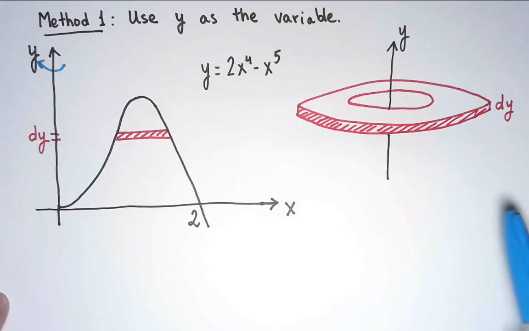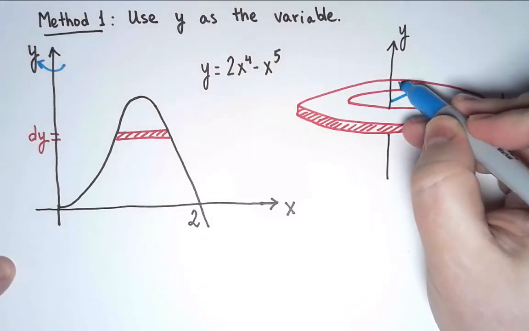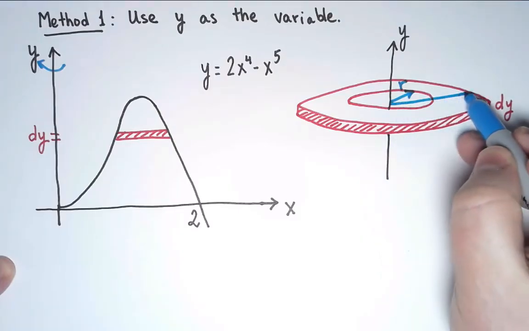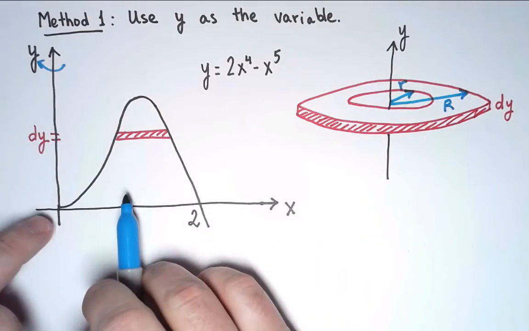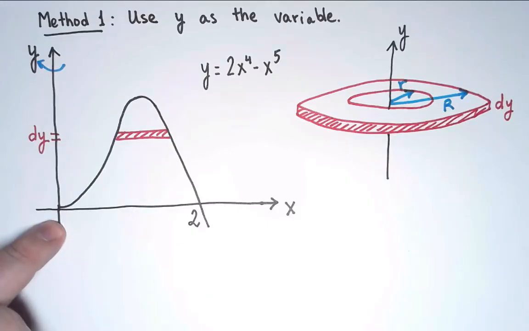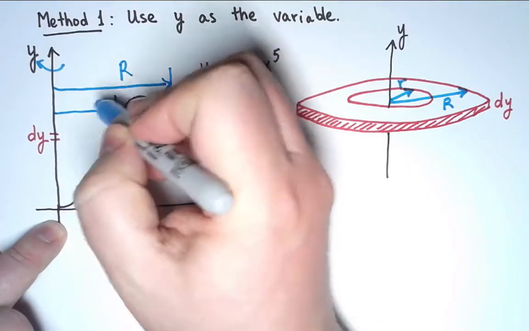The thickness of this ring is dy. Let me give names to the other dimensions. I have the inner radius, call it little r, and then I have the big radius, call it big R. If I look back at the region here, I see that this is the big radius and this is the small radius.